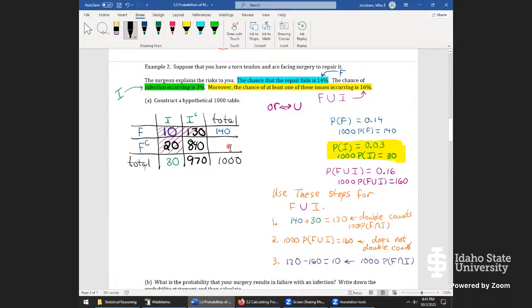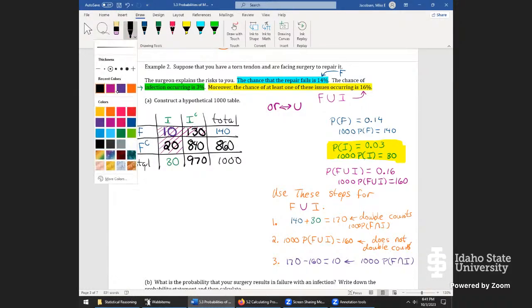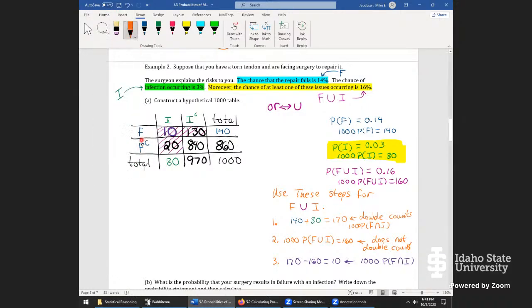Lastly, we can do two things. Either take 140 minus 1,000, that will give us 860, or just take the 20 plus the 840, that'll give us 860 as well. So it looks like we finally have the table. And the way to double check that really is working out is you could just calculate probability of F union I again.